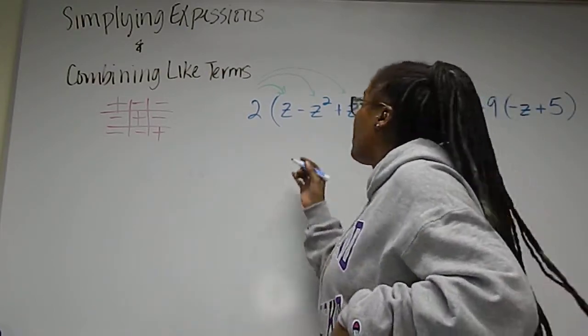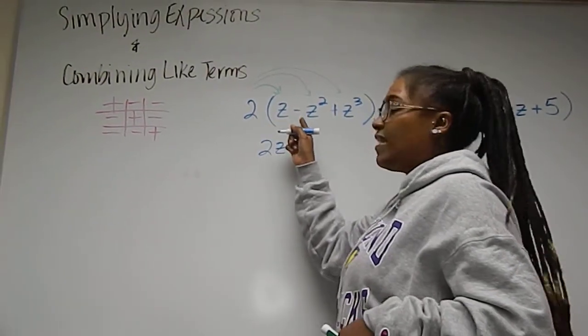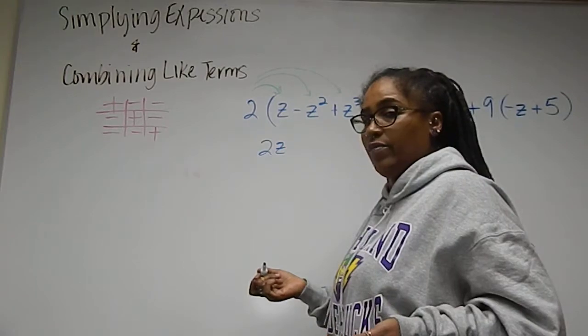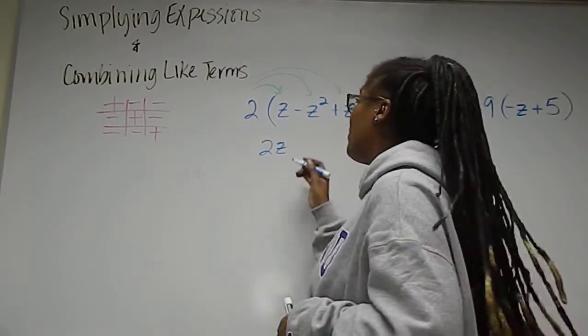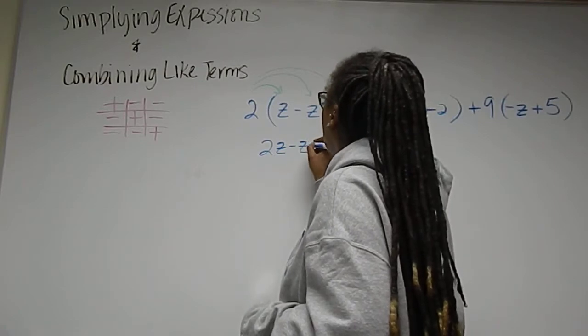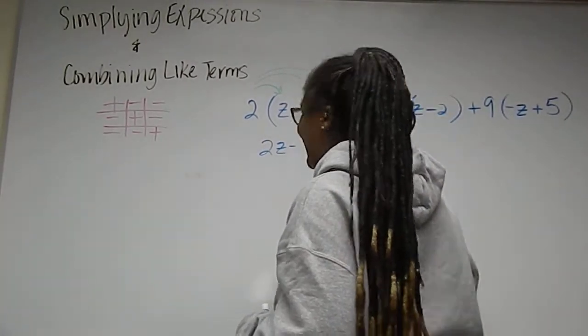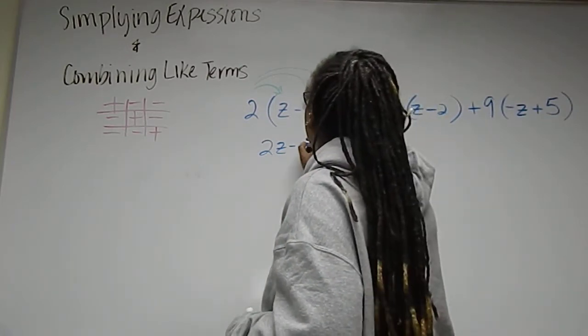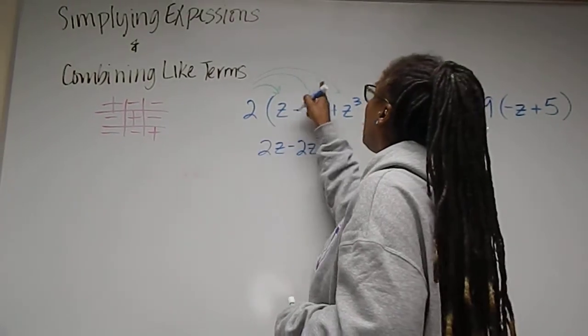So it's going to be 2 times z, which is going to be 2z. And then 2 times negative z squared. Again, we don't have to know what z is because whatever it is, we're multiplying it by 2. So negative 2z squared.